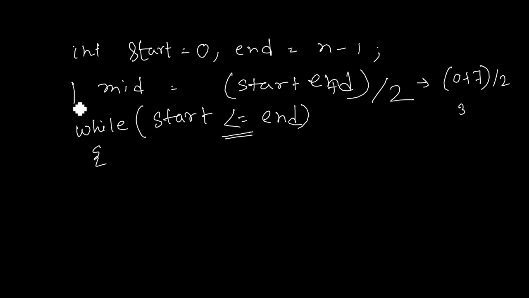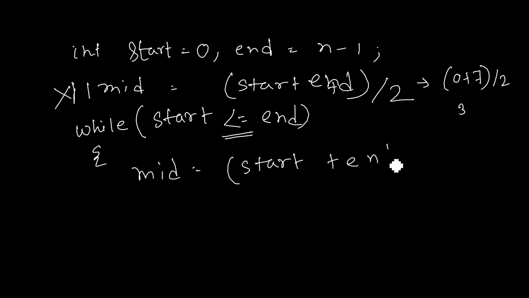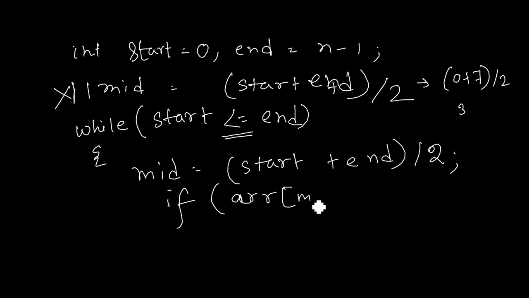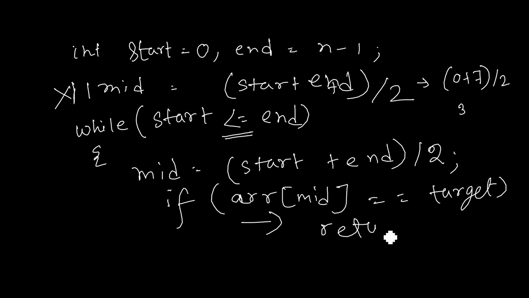Here we will actually find the mid value, start plus n by 2, because at every iteration we will be checking the mid value. And we have three conditions. One, if array of mid equals our target. This is the first condition. If yes, we will return true.